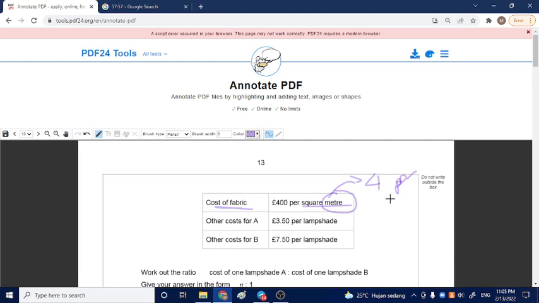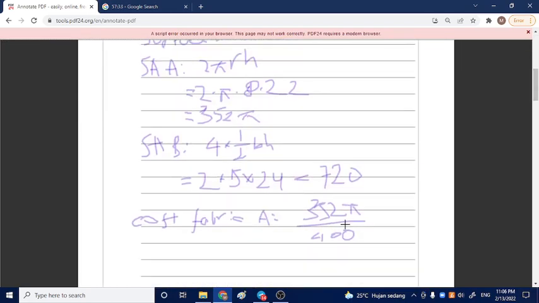No, wait. I'm confused actually. 0.4 first. No. It's 0.04 per centimeter squared. This one is totally wrong.